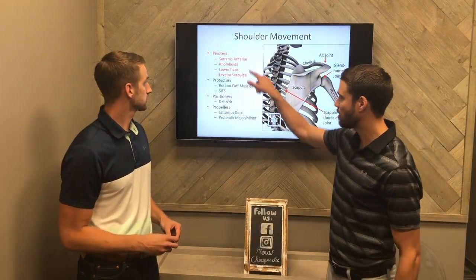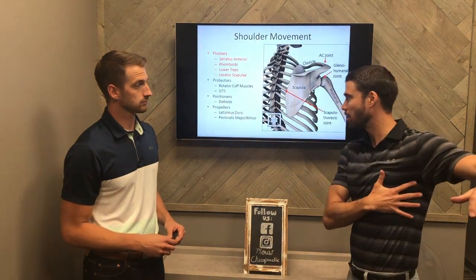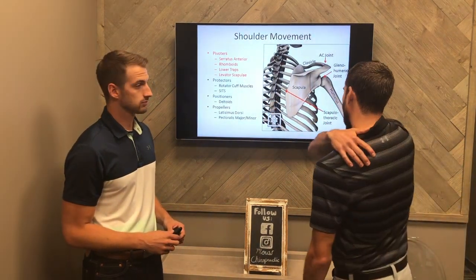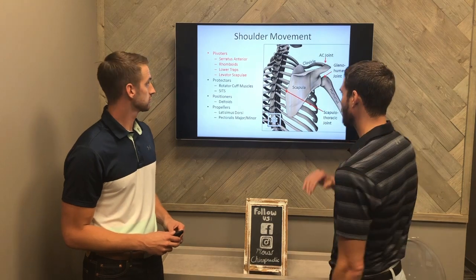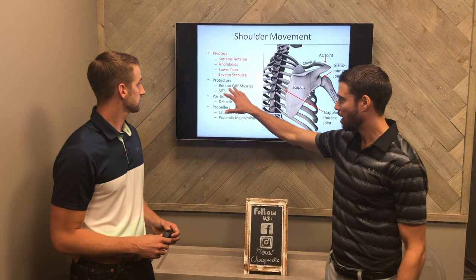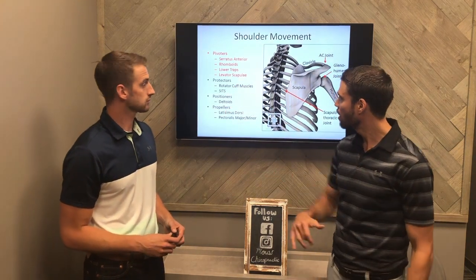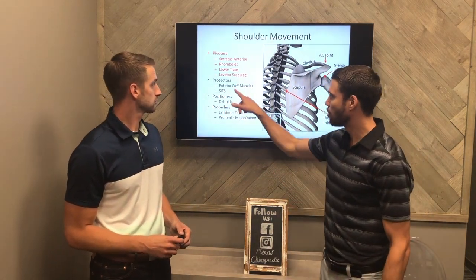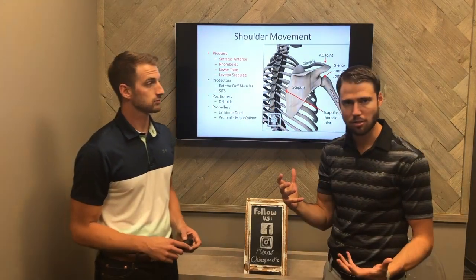As far as the shoulder movement goes, you've got several different types of roles and jobs happening here. Pivoters: serratus anterior, that's more through this area; rhomboids are back here; lower traps back here; levator scapula up and through here. Then you've got the protectors, the rotator cuff muscles, to help protect the joint.